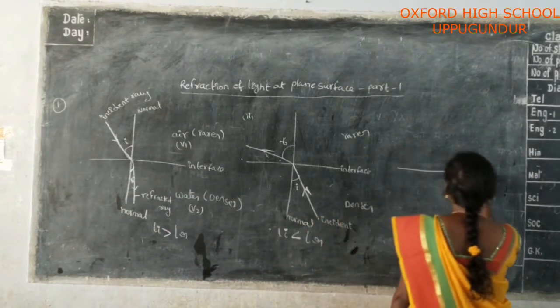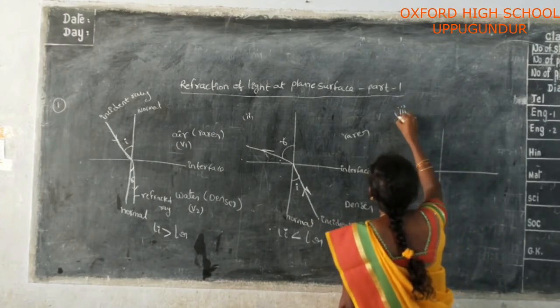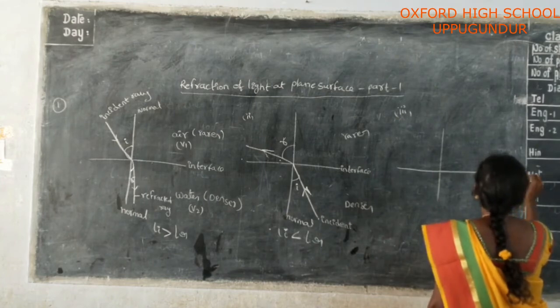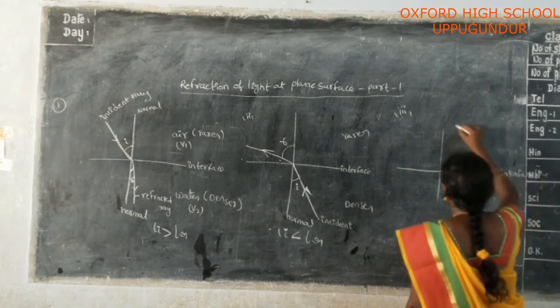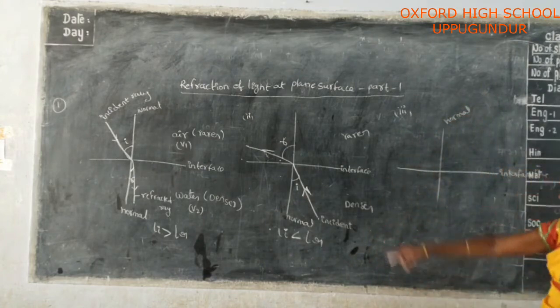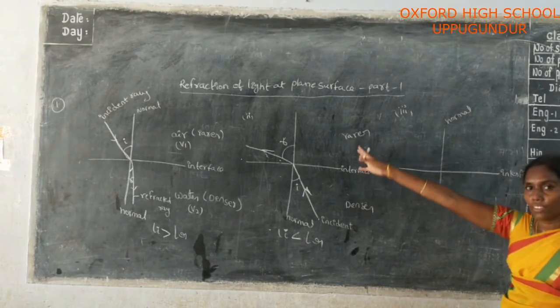Now see the third case. This is a very important one. Here is the interface line, and this is the normal. In the first case, the light ray travels from rarer to denser. In the second case, from denser to rarer.